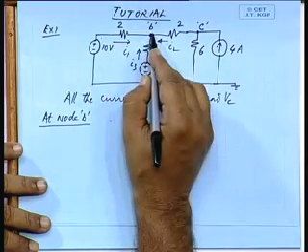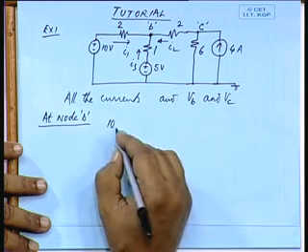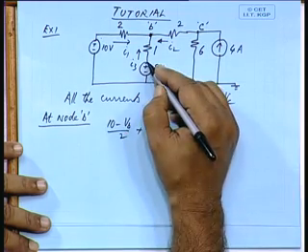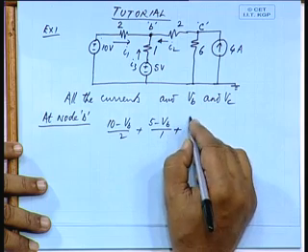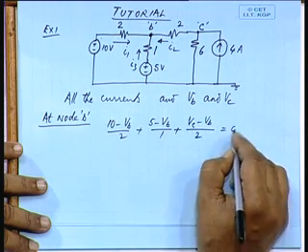So, if you apply nodal equation at node B, suppose this is the current I 1, this is the current I 2 and this is the current I 3, all going inward towards the point B. It could have been taken otherwise also, away from B. So, at node B I 1 will be 10 minus V B by 2, flowing towards B, plus, with respect to the ground, 5 volts, so 5 minus V B by 1, plus V C minus V B by 2, and that is equal to 0.